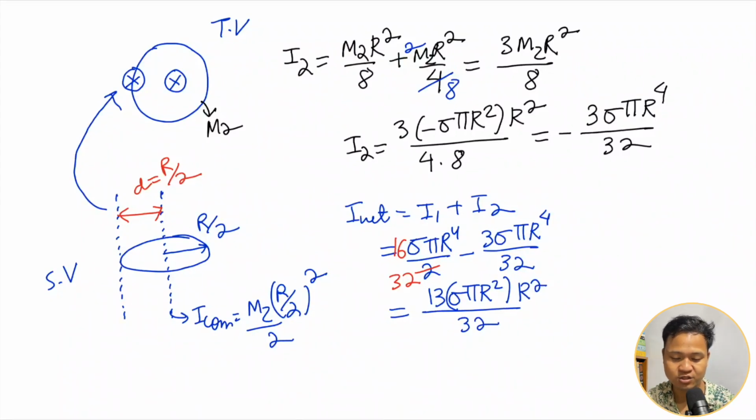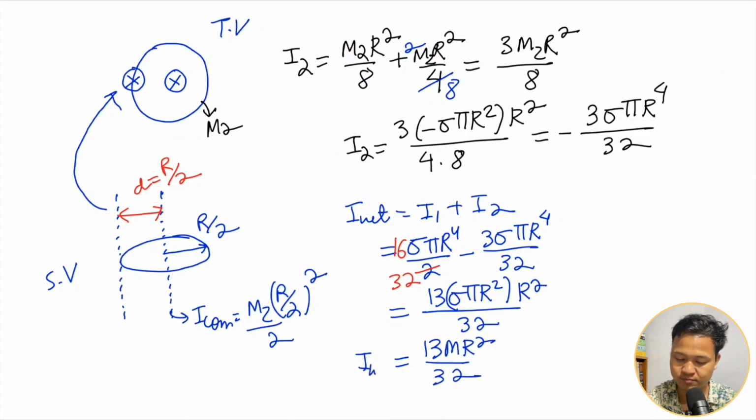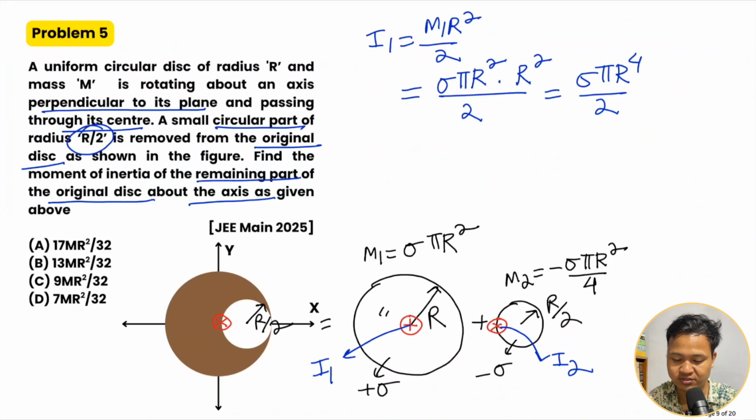Sigma pi r square is the mass, since mass is sigma into area. So I can write 13 into m r square divided by 32. That is the new moment of inertia, I_net, which is equal to 13 divided by 32 m r square.